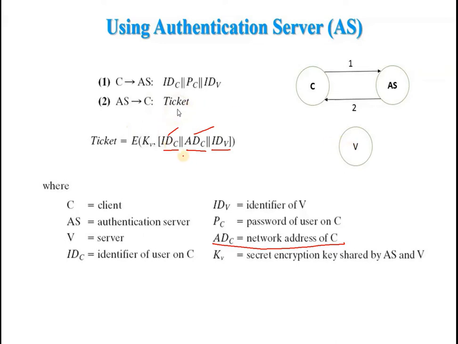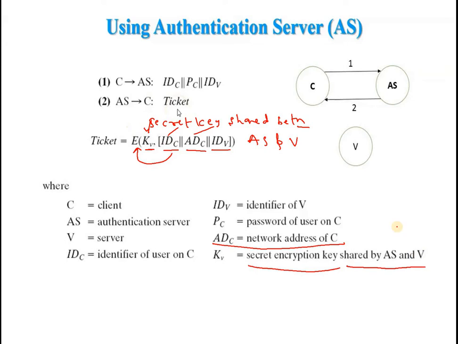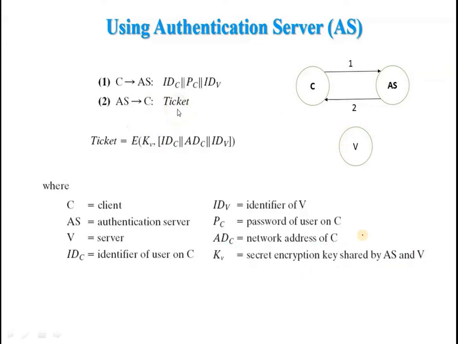All this information is encrypted with KV, where KV is a secret key. You can see here, it is a secret encryption key shared by AS and V.